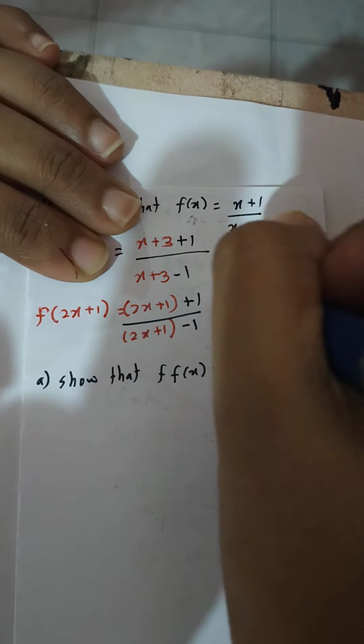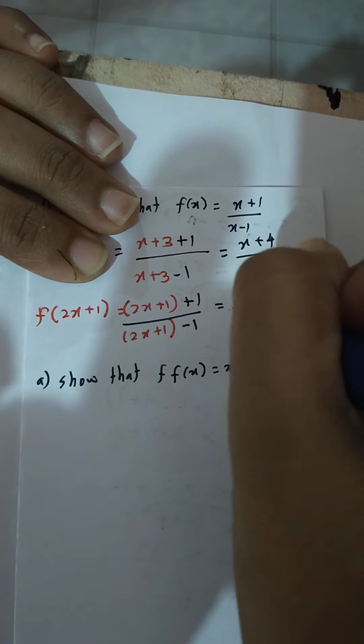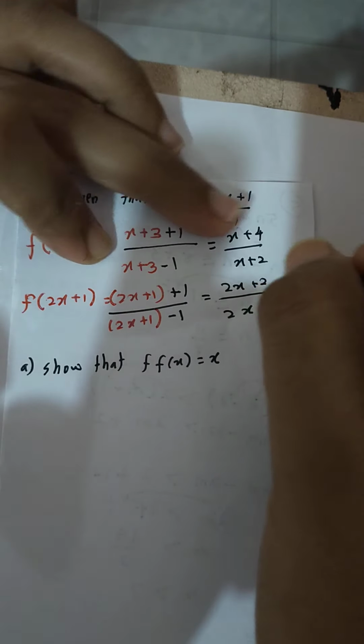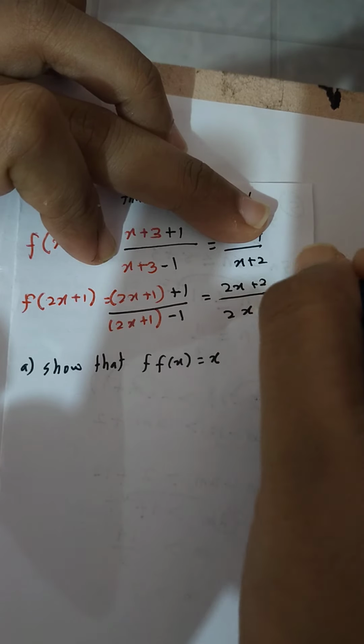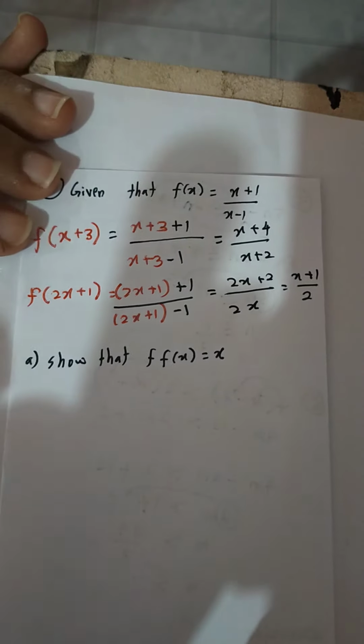If you solve this one, you will have (2x plus 2) over 2x. You can solve again and get (x plus 1) over 2, because you can factorize 2 and then cancel the 2.